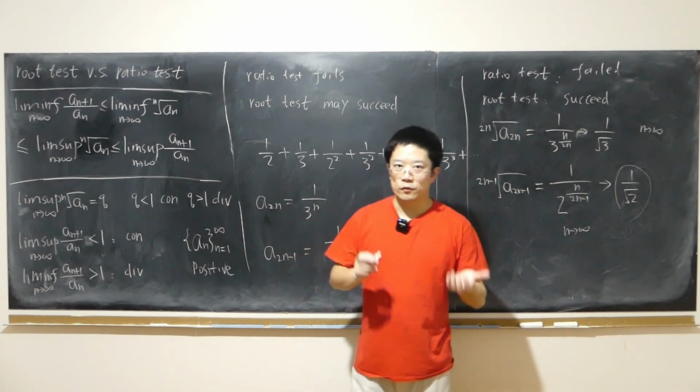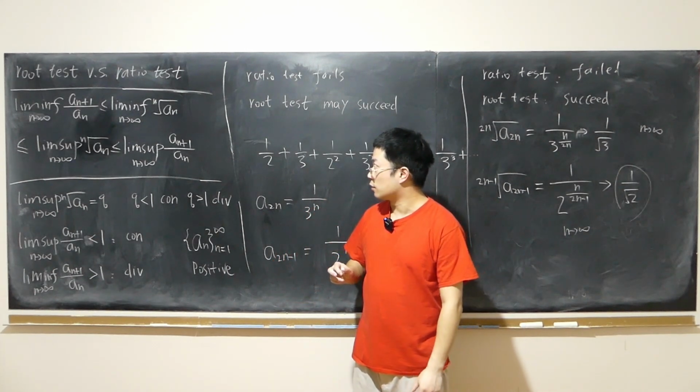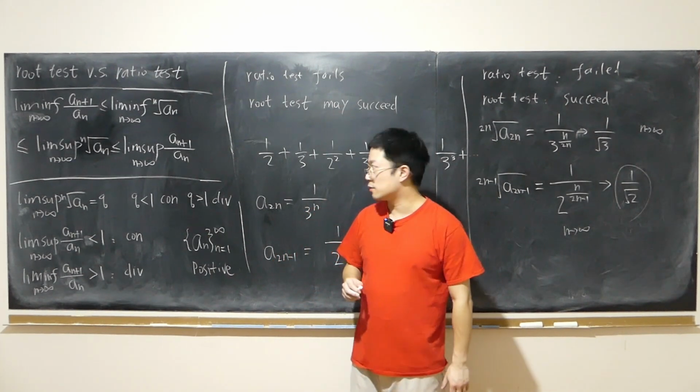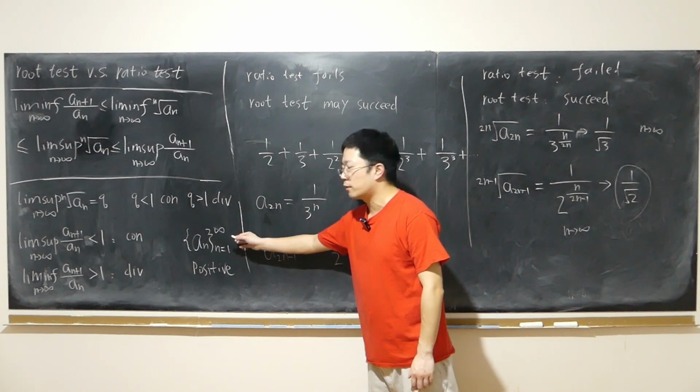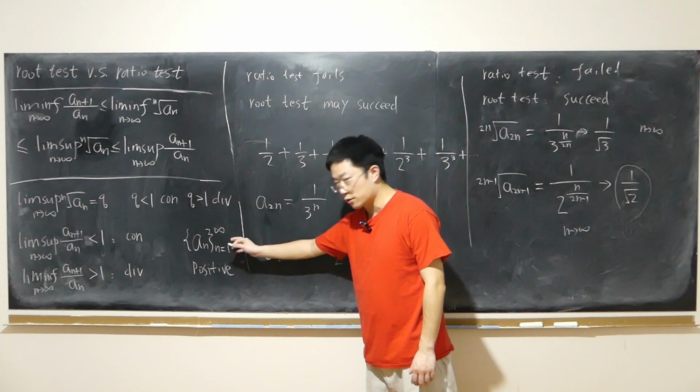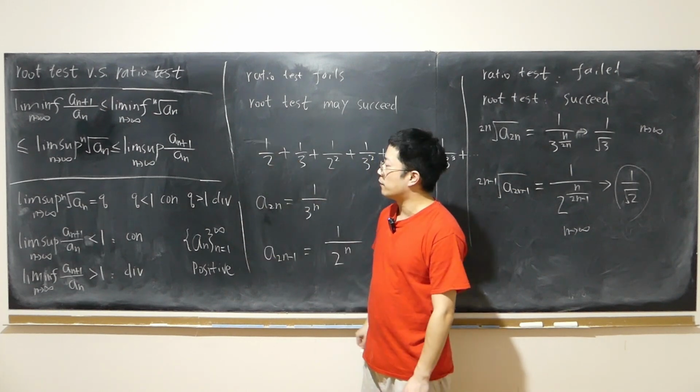But both the root test and the ratio test are not very good tests, because if we have a series that converges very slowly, then both of them may fail.